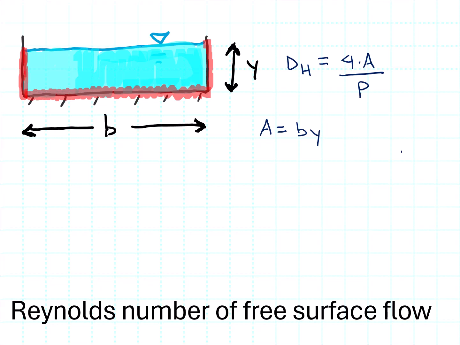And so if I want to add up that length, my wetted perimeter of my open channel, this is just going to be 2 times y plus b. So then putting these into my hydraulic diameter, I get this.